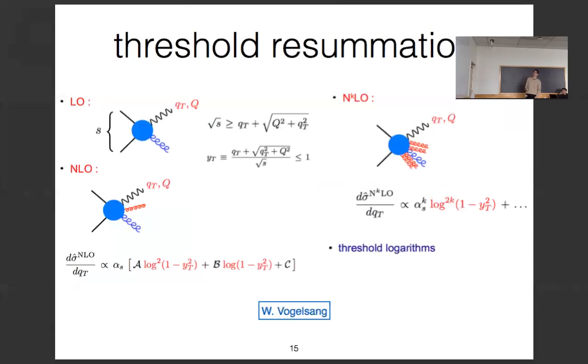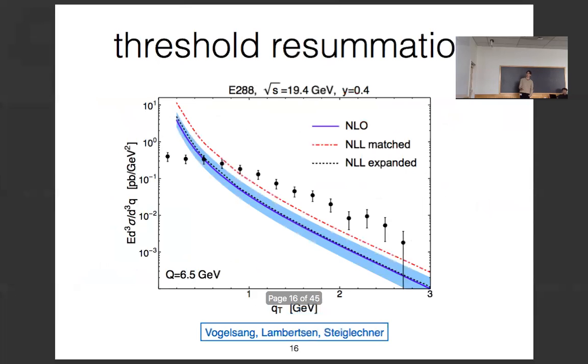And so it is the resummation in this YT variable. Okay, so Bernard took care of it. So this is the result of next-to-leading-log threshold resummation.